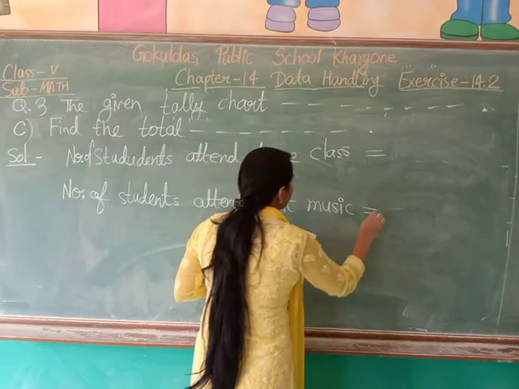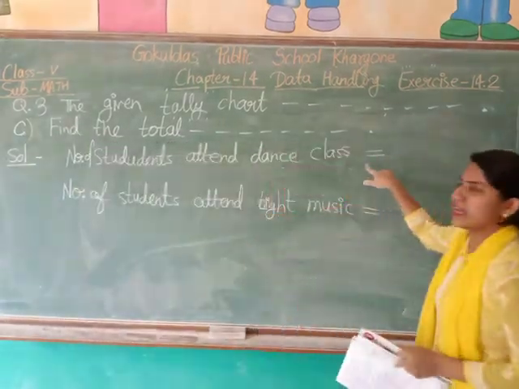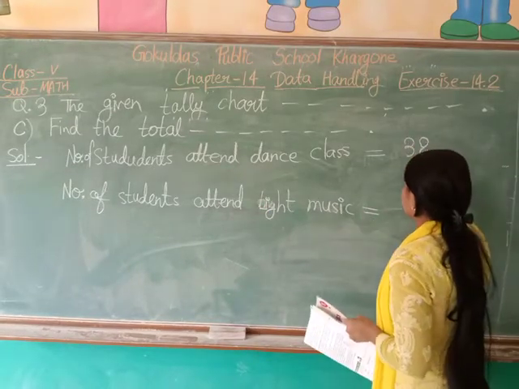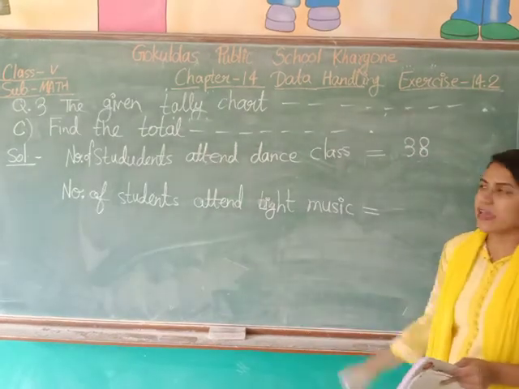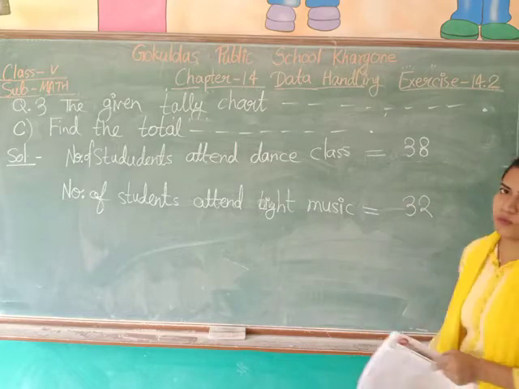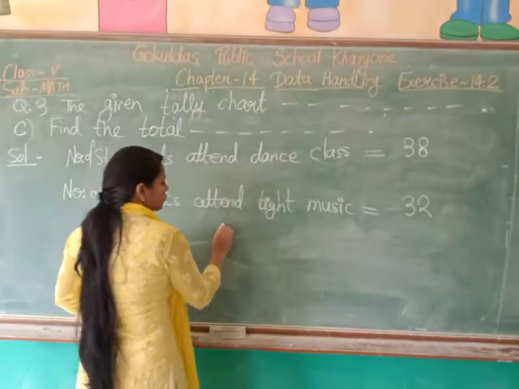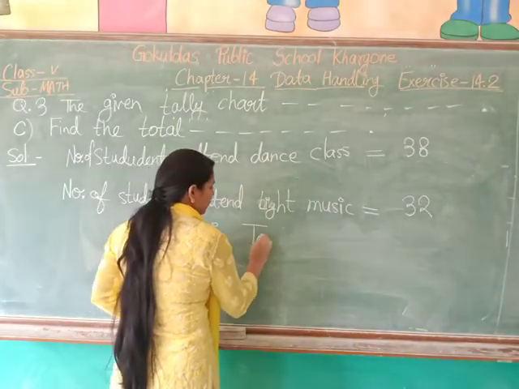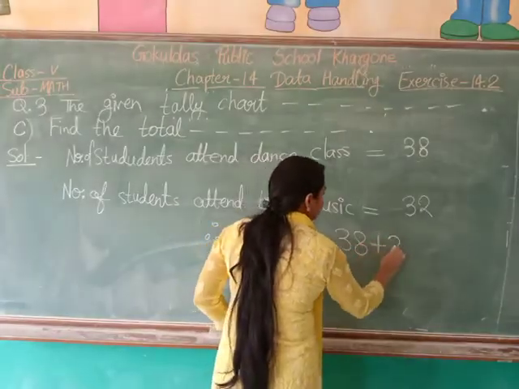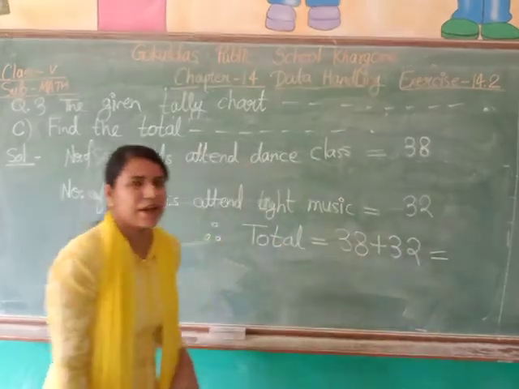According to your table, tell me how many students attend dance class. Observe the table and give the answer. 38 students attend dance class, right? And how many attend light music class? 32, right? What we want to find? We want to find the total. So therefore, total will be equal to 38 plus 32. Now arrange both the numbers column wise and find the answer.